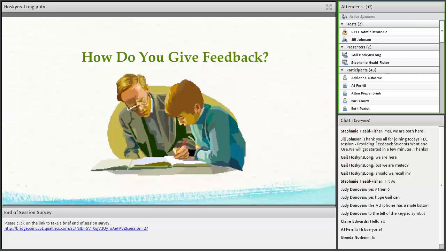Right now, what we'd like you to think about is, when you give feedback, what modes are you using for providing feedback? Are you using email or rubrics, those are kinds of modes? What do you say in your feedback? Think about things like what you focus on when assessing your students' work.